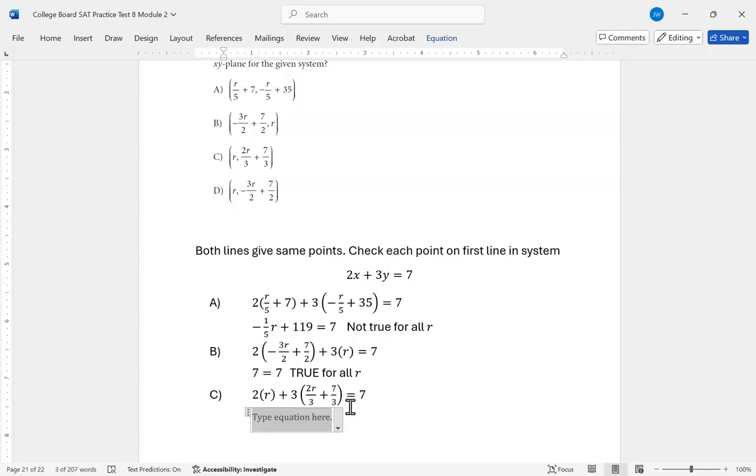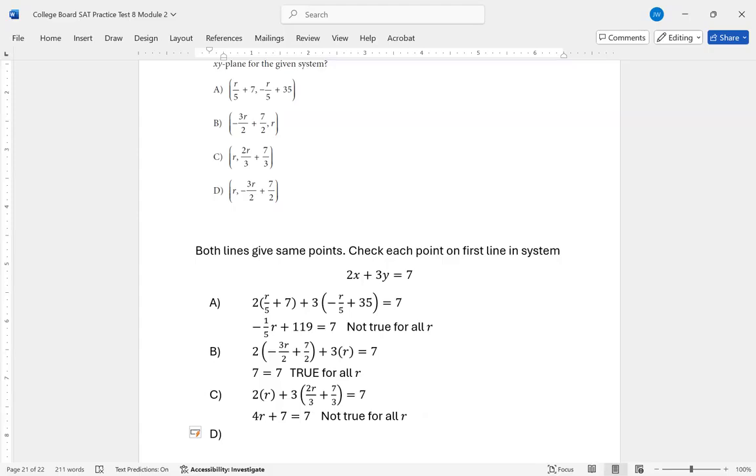When I simplify, I get 2r plus another 2r plus 7 is equal to 7. 2r plus 2r is not 0, it's 4r. So I get 4r plus 7 is equal to 7. That is not true for all r. And therefore, C does not work as an option either.